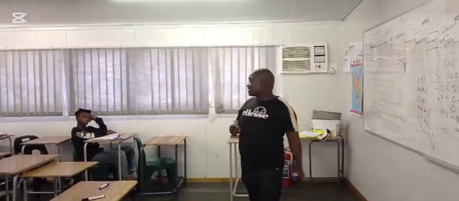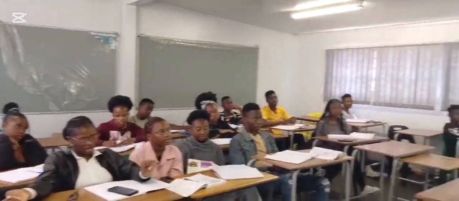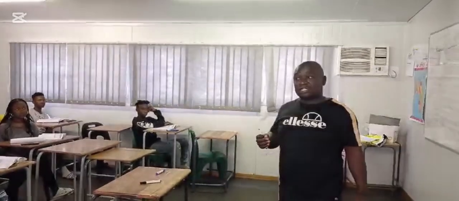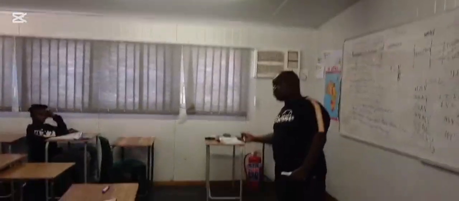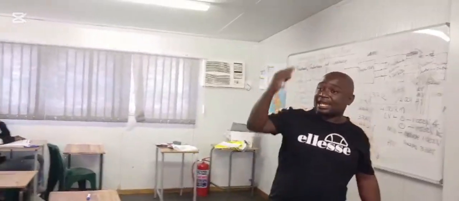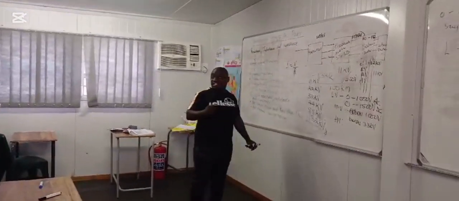For a 3-phase, how many conductors do we have? 1, 2, 3. A 3-phase has 3 conductors. What are those conductors? L1, L2, L3, or red, yellow, and blue. Are we together? That will be for a 3-phase.